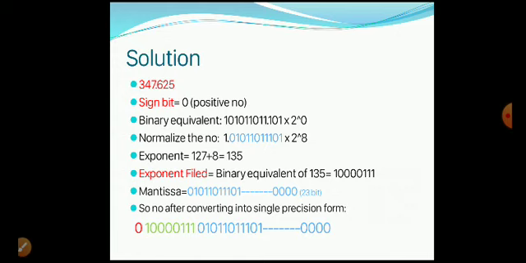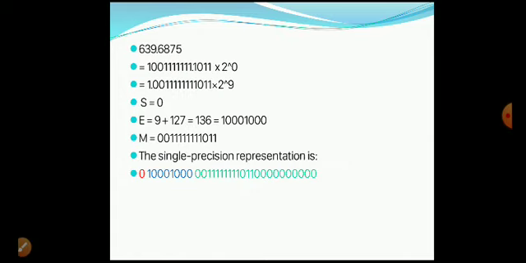Finally, if we write the 3 fields together, it will give us the single precision representation of the given number, 347.625. Again, the same procedure you have to follow for the other number to obtain the sign bit, exponent field, and Mantissa field, and finally write the 3 fields together as one number, which gives us the IEEE 32-bit format.